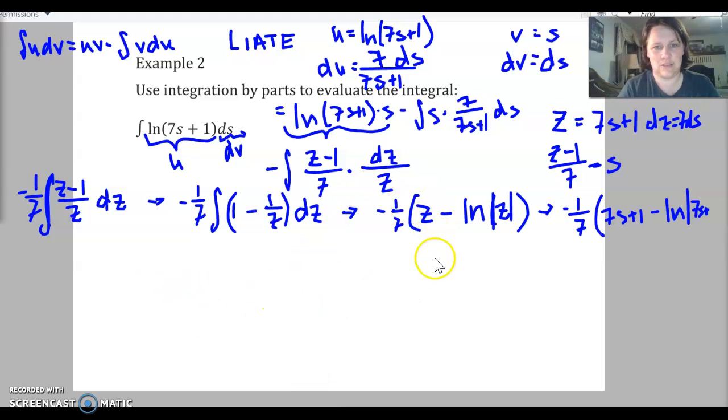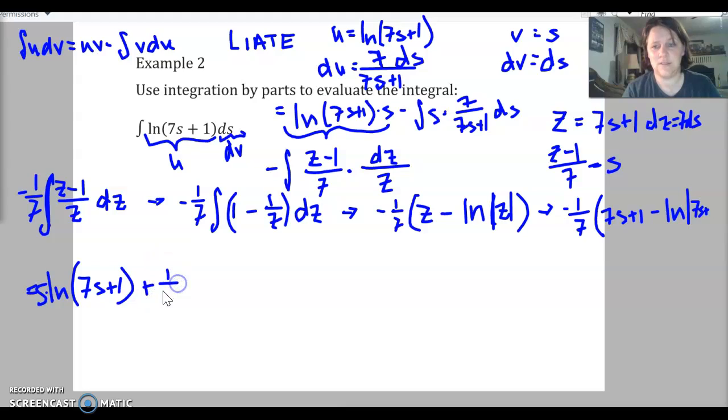All right, now let's go ahead and write out our whole equation. My answer is the natural log of 7s plus 1 times s. Let's go ahead and put that s out in front. So s times natural log of 7s plus 1 minus -1/7. We can make that minus a plus, because there's two negatives there.